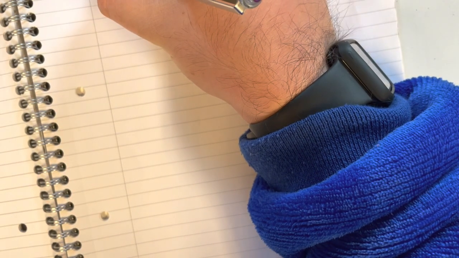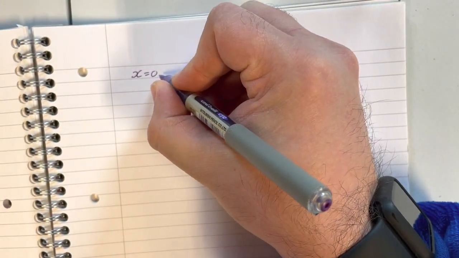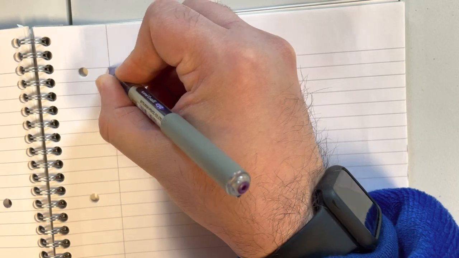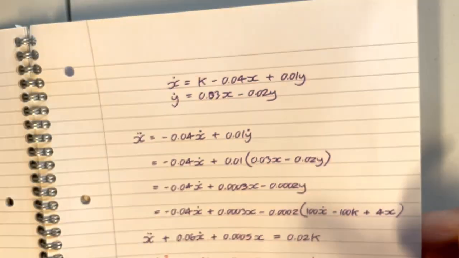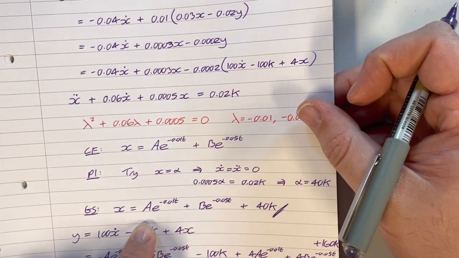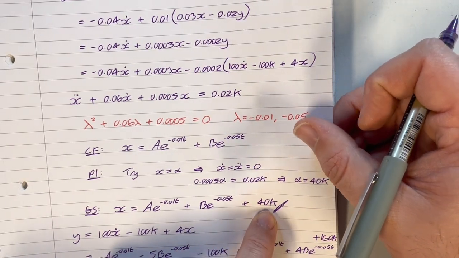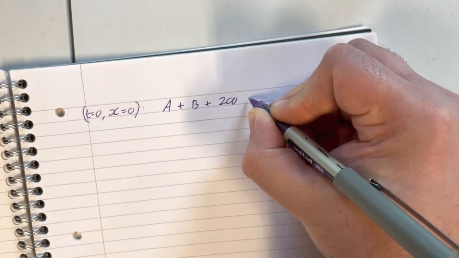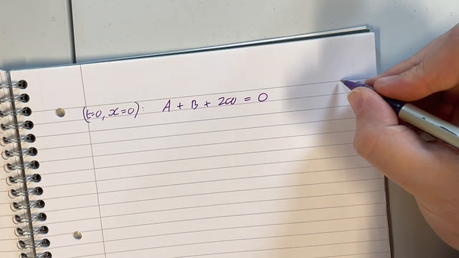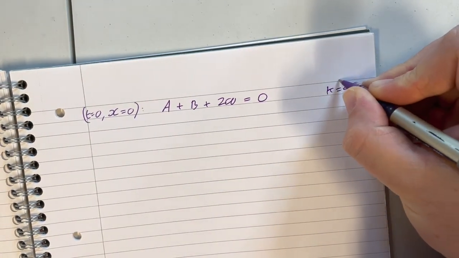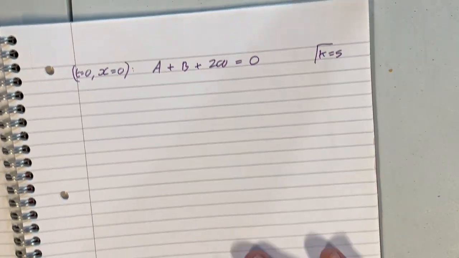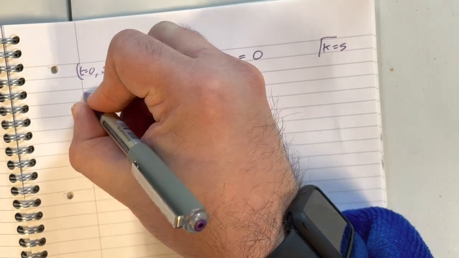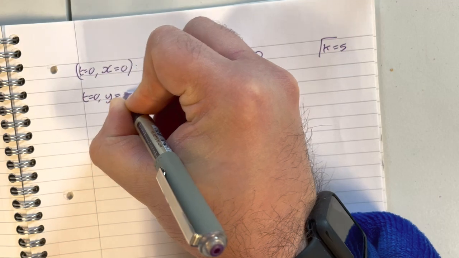So I get x equals 0. Apologies. X equals 0 when t equals 0. That's going to give me a plus b plus 200 equals 0. Okay, don't forget that k is now 5. Okay, just pop that over there as a reminder. And the other condition was when t equals 0, y equals 0.